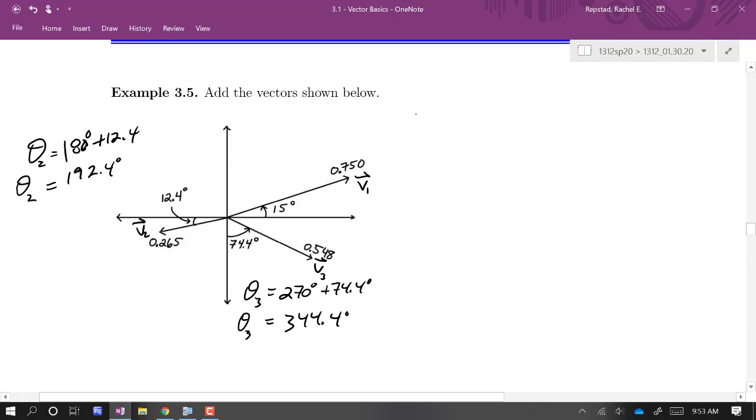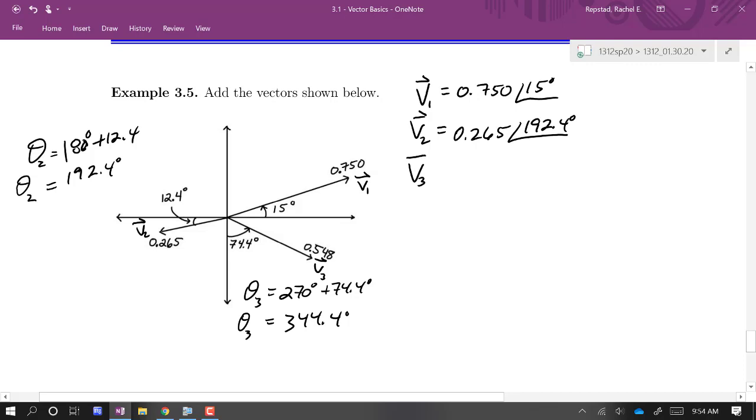All right, so here are our vectors. V1, 0.750 at 15 degrees. V2 is 0.265 at 192.4, and V3 is 0.548 at an angle of 344.4.